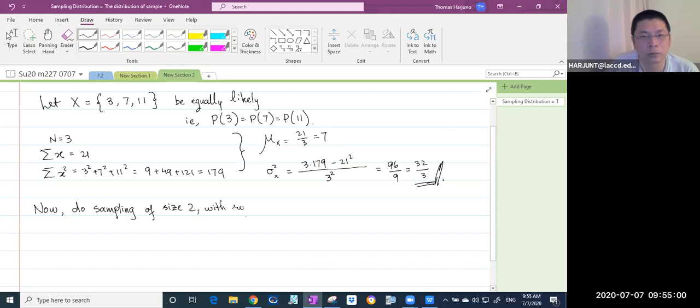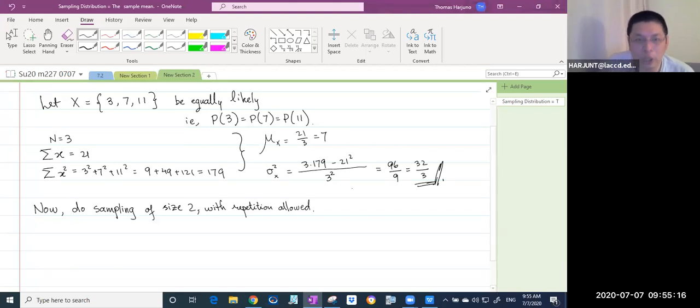Repetition allowed. Do sampling of size 2 with repetition allowed.